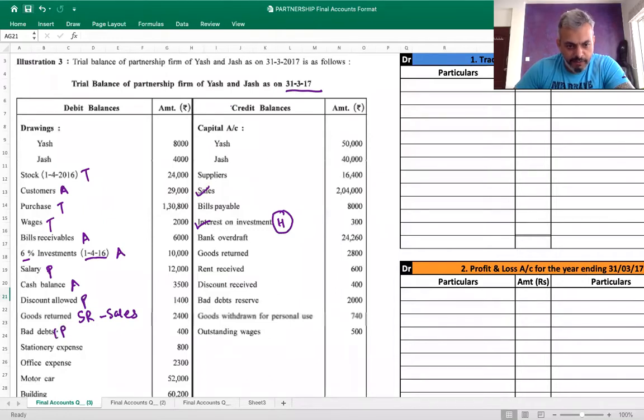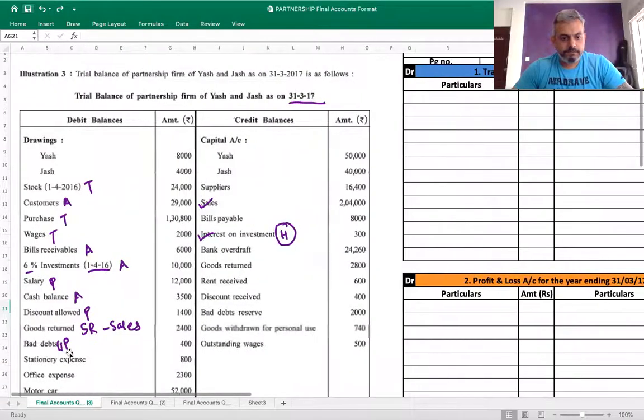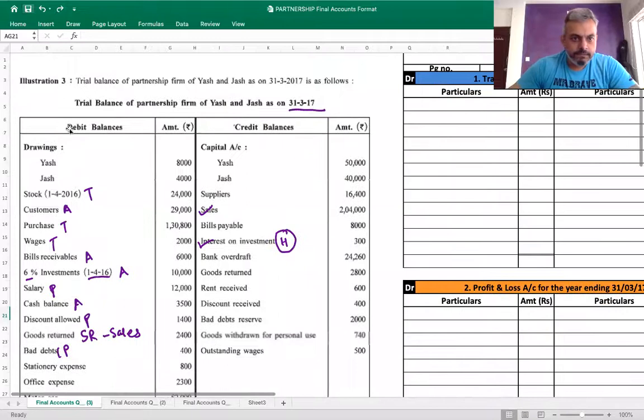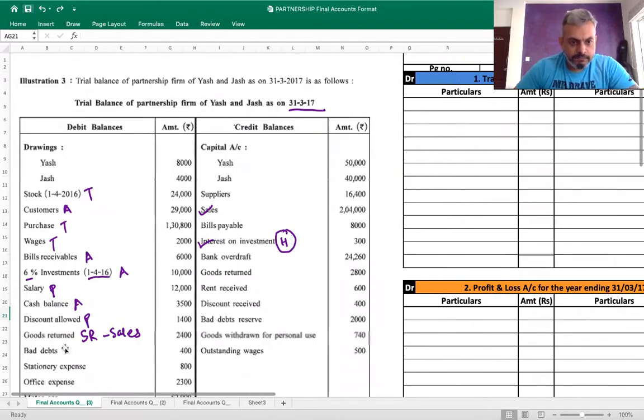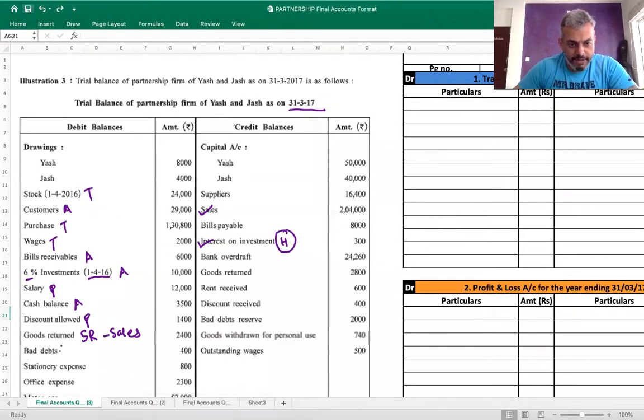This is as per trial balance. Right bracket, T. Profit and loss.